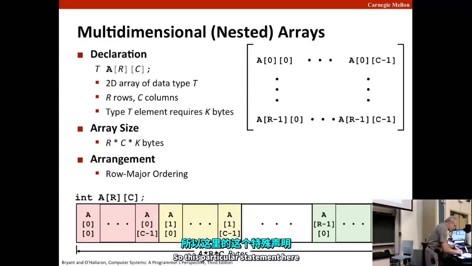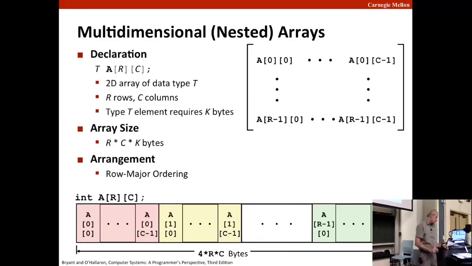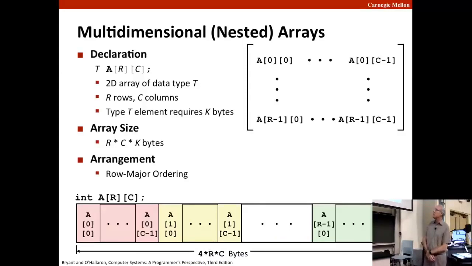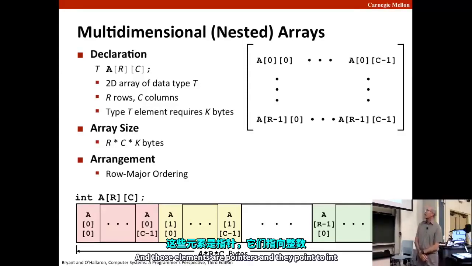So this particular statement here, the binding is actually like this. It says that A4 is an array of 3 elements. And those elements are pointers, and they point to ints.